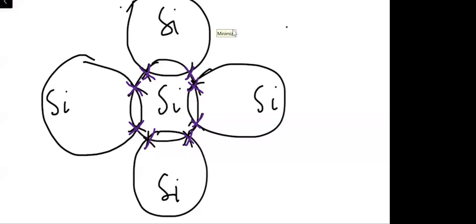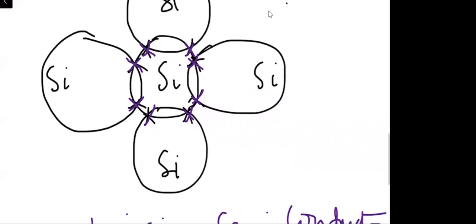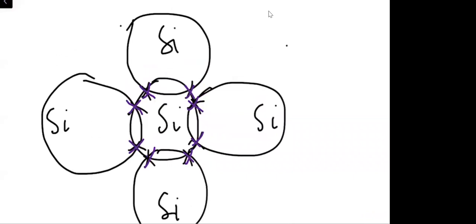Okay. So whenever we have intrinsic semiconductor, if some external heat or some energy is being applied, the covalent bonds which are made in the valence band can be broken, and the electron can move from the valence band into the conduction band, right?